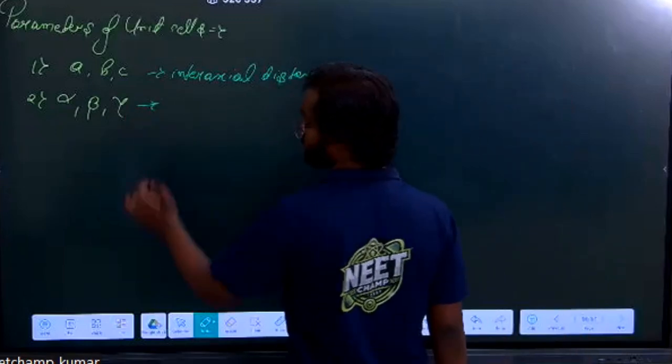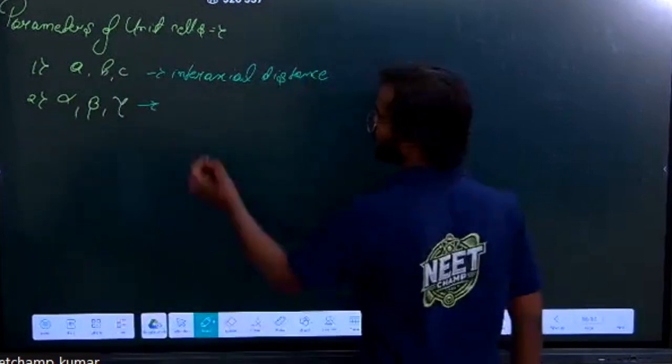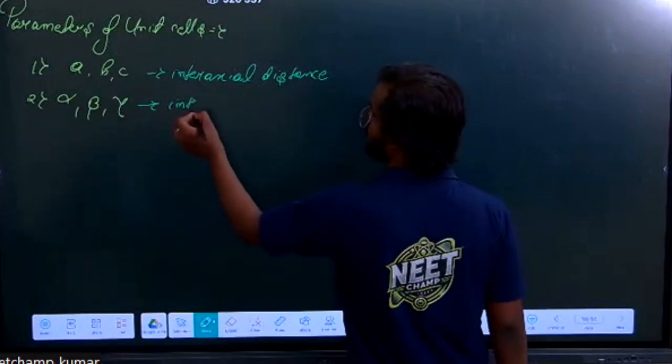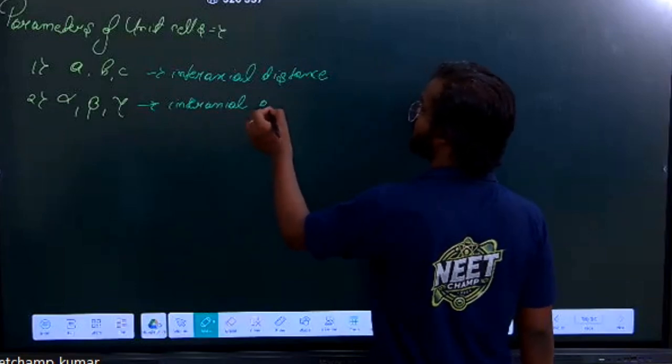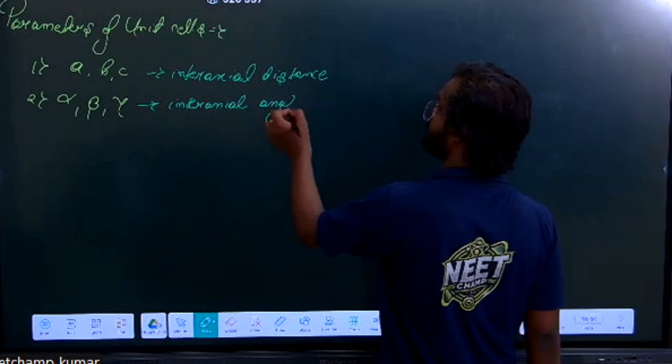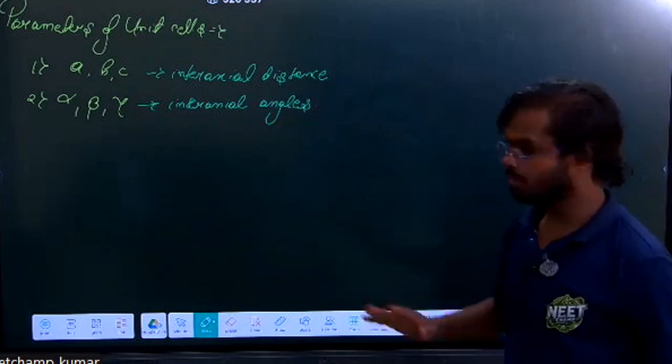And alpha, beta, gamma are called the interaxial angles. These are the two important parameters.